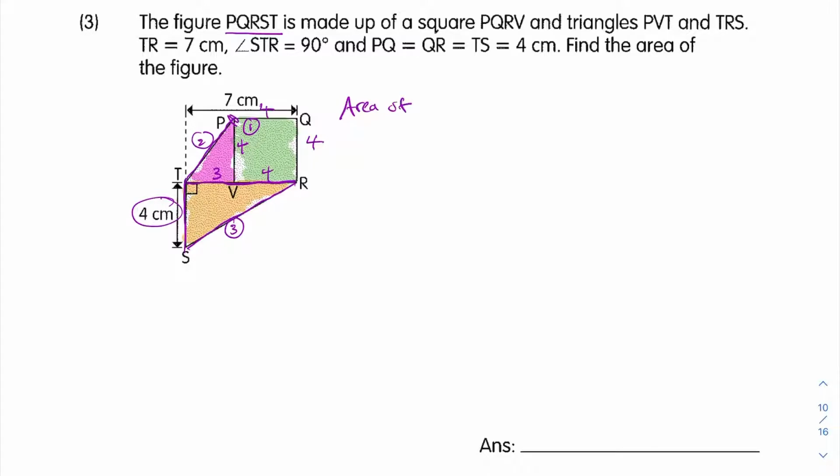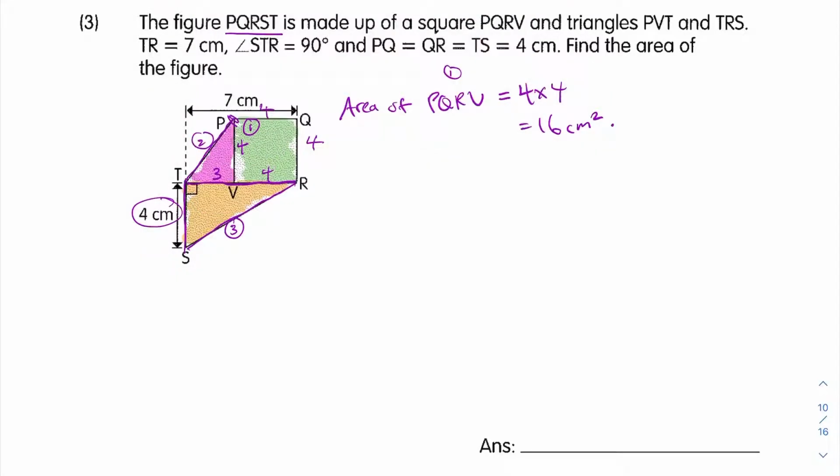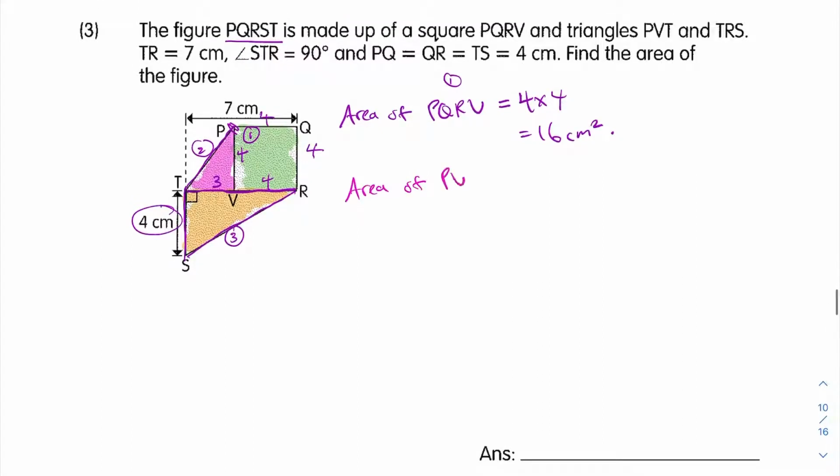So area of square PQRV, which is your 1, would be 4 times 4, which will give you 16 square centimeters. Next, you have your area of triangle PVT. So PVT would be half times base times height. So we'll give you 6 square centimeters.